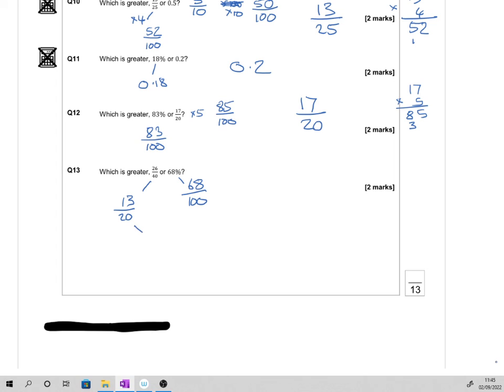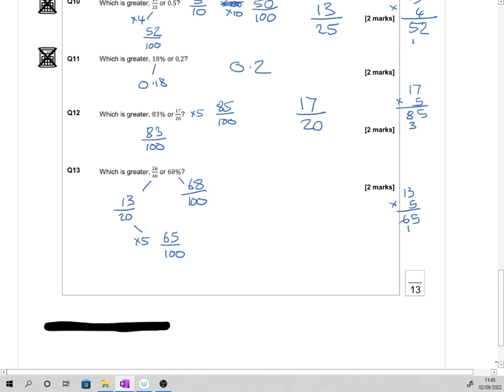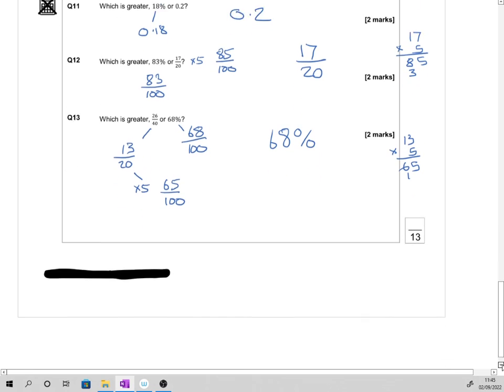And if I multiply that by 5 now, we get that as something over 100. And we need 5 13s. 3 5s are 15, and 5 is 65. So that's 65. So 68% is bigger than 26 over 40. So 68%. Quite difficult to mess around with it.